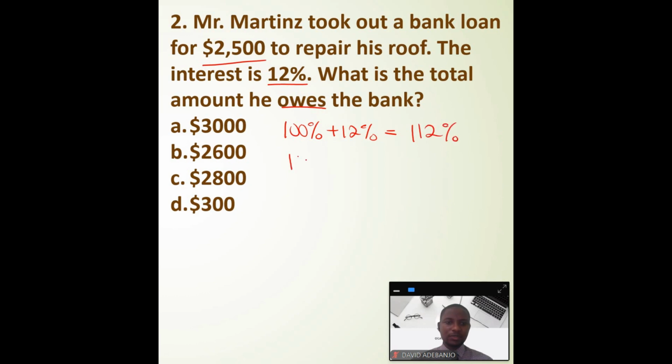So what you're doing now is 112%, which is 112 over 100 times what he took as a loan. That's 2,500. Two zeros cancel two zeros.